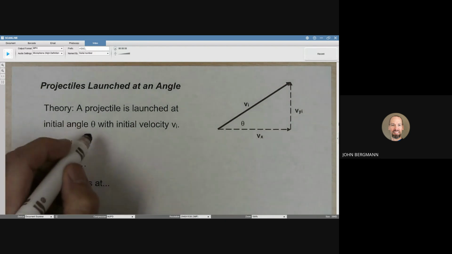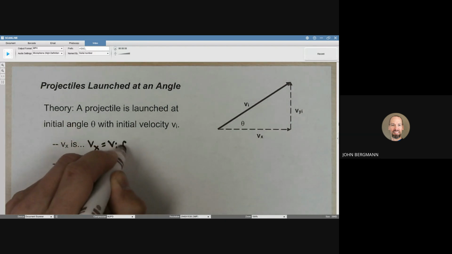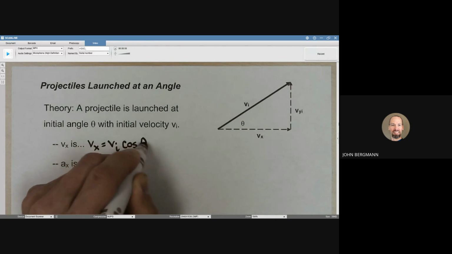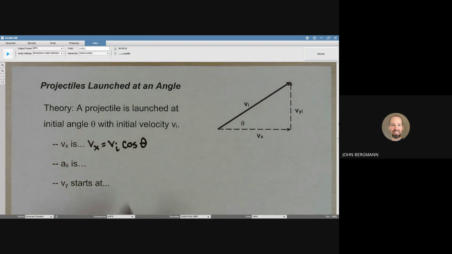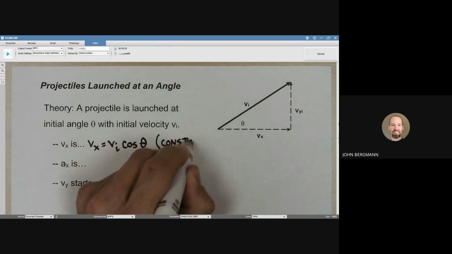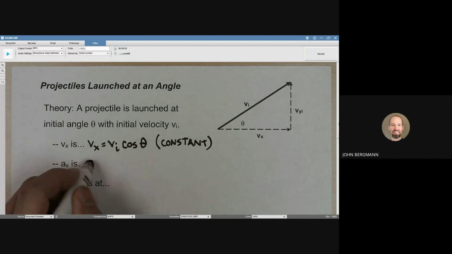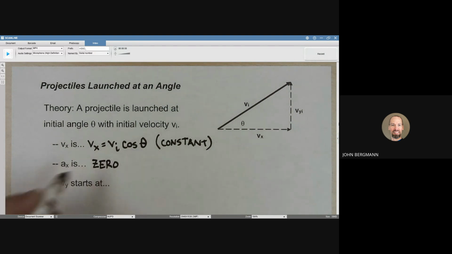So Vx is equal to Vi, if you look at the picture, times the cosine of theta, and that quantity is constant. And the reason it's constant is because the acceleration in the x direction is 0.